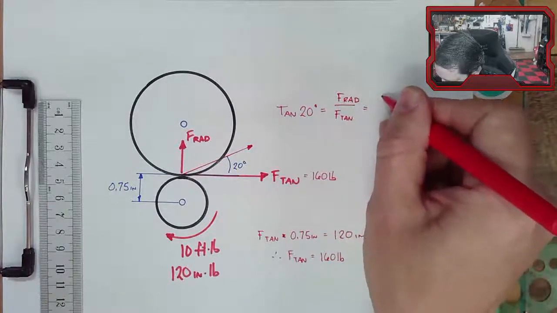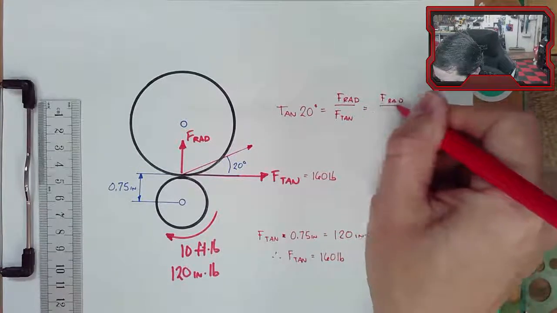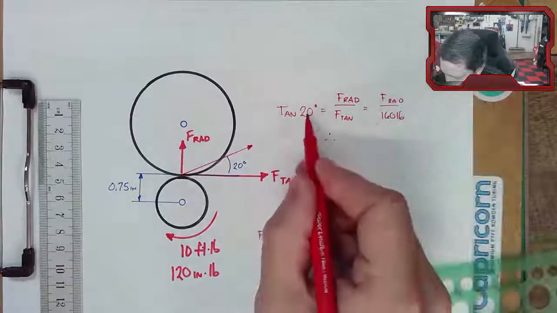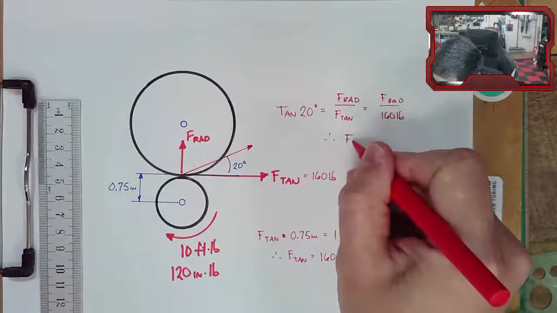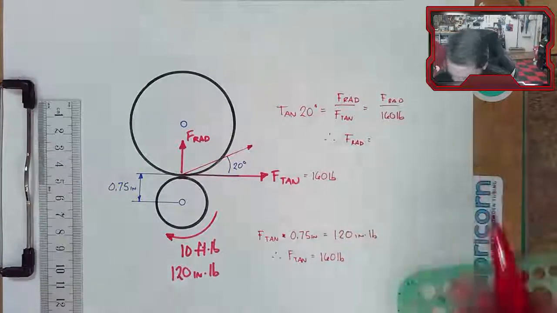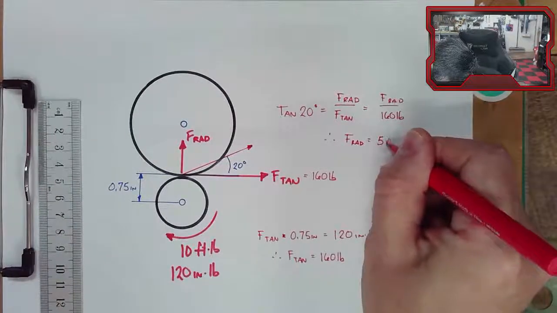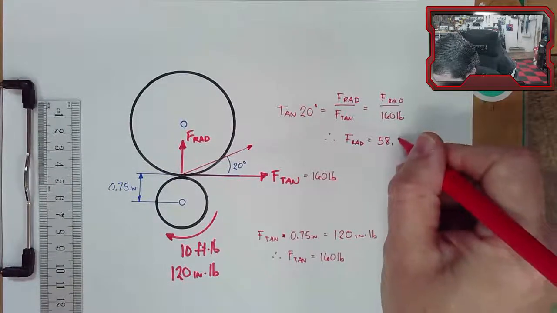I know that one is 160 pounds, and I know 20 degrees, so the radial component is equal to tangent 20 times 160, which is 58.2 pounds.